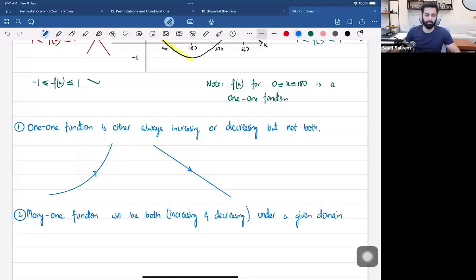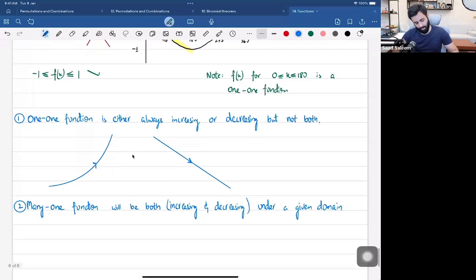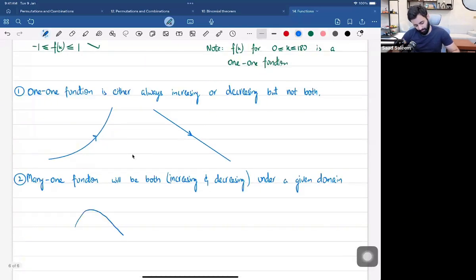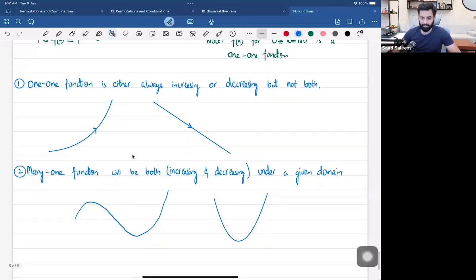So if a function is doing both, increasing and decreasing under a given domain, that means it's a many-to-one function. So for example, cubic curves, something like this, or even quadratic curves. Quadratic curves are a classic example of many-to-one functions. Okay, now, any questions so far?